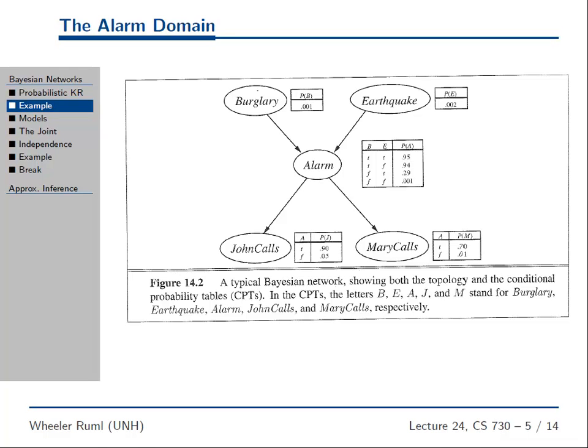It's not the world's greatest alarm, but it's got a pretty high chance of going off. If there's a burglary alone, almost as high, 0.94. The earthquake bumps it up just a teeny bit. If there was only an earthquake, the chance it goes off is less than 0.5, but still significant, 0.29. If neither burglary nor earthquake is happening, then the chance the alarm's going off is 0.001. So small chance of false alarms.